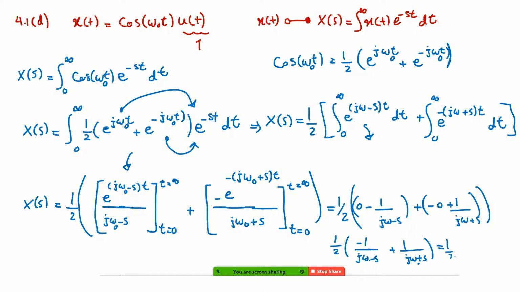So this equals 1 over 2 times, if I multiply these two, j omega minus s times j omega plus s at the denominator, and at the numerator we would have minus j omega minus s plus j omega minus s, okay?